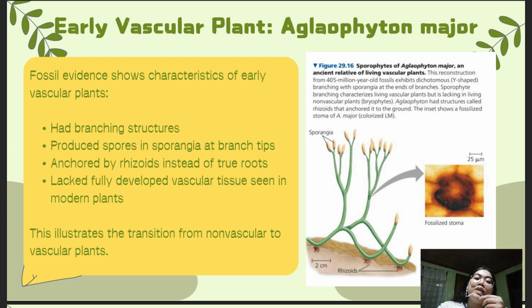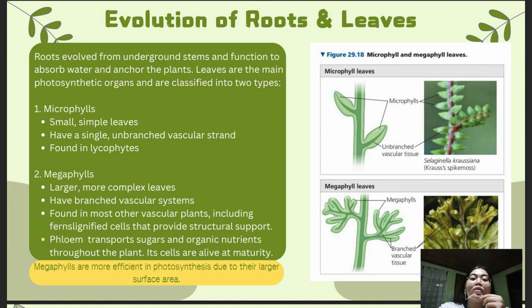We will now be proceeding to the transport system and evolution of roots and leaves. The xylem transports water and minerals while the phloem distributes sugar throughout the plant. These tissues allow the plants to grow taller and stronger. In terms of evolution, plants have also developed roots for anchorage and absorption of nutrients, and leaves for photosynthesis.